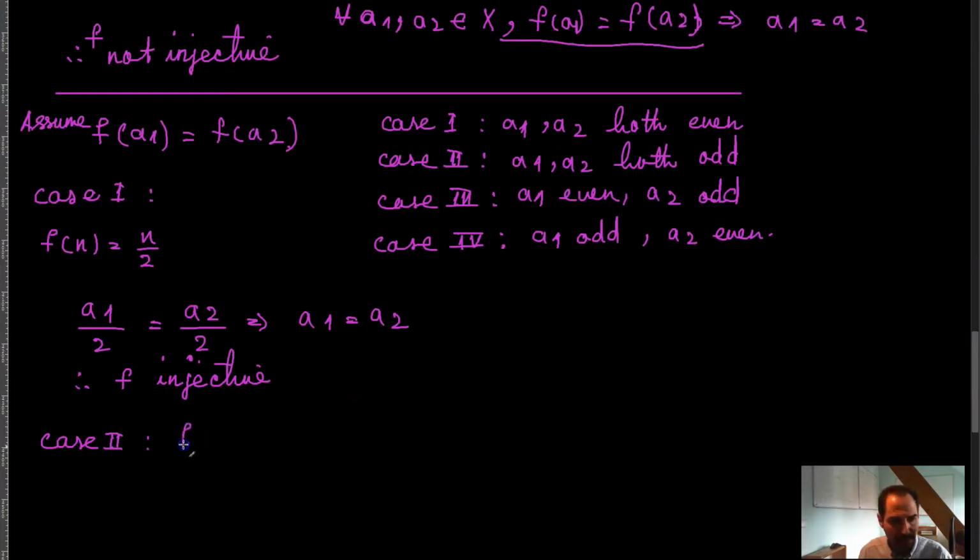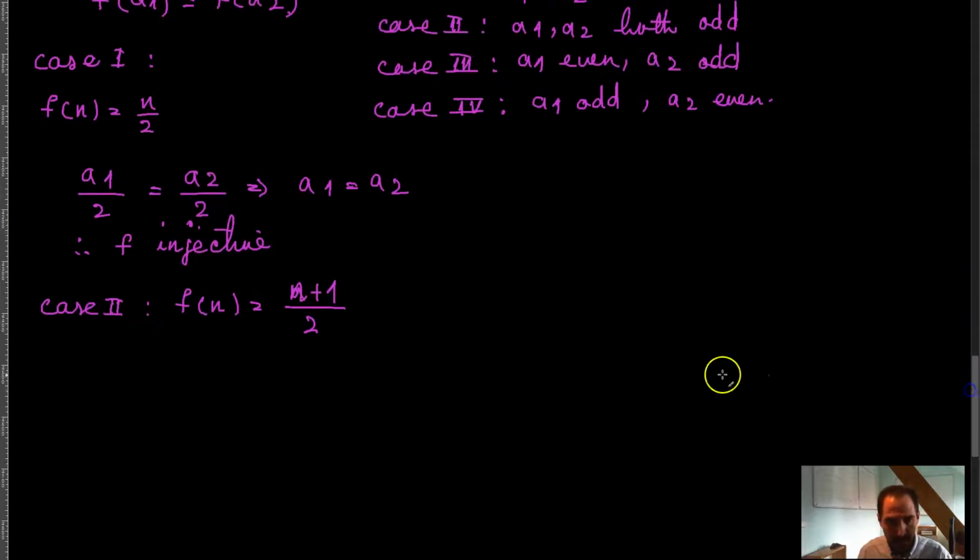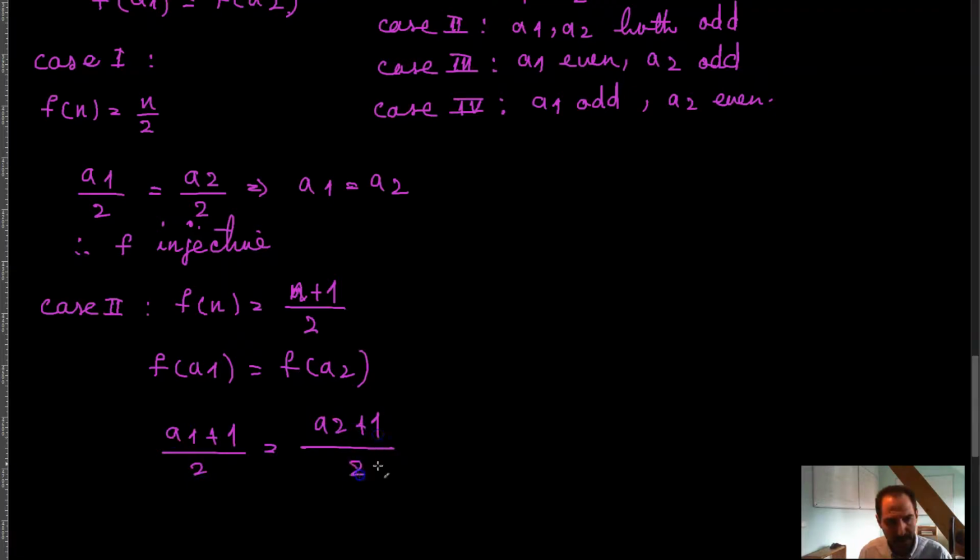So here f of n is equal to n plus 1 divided by 2, which means that the assumption f of a1 is equal to f of a2 gives me a1 plus 1 divided by 2 is equal to a2 plus 1 divided by 2.